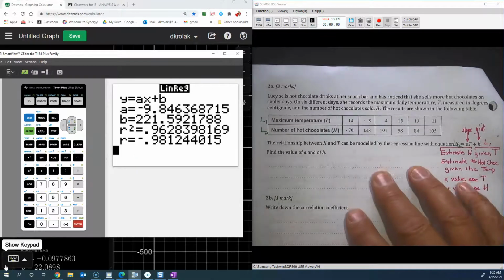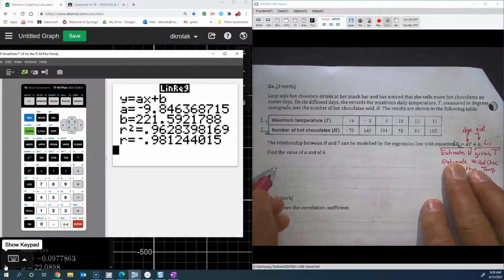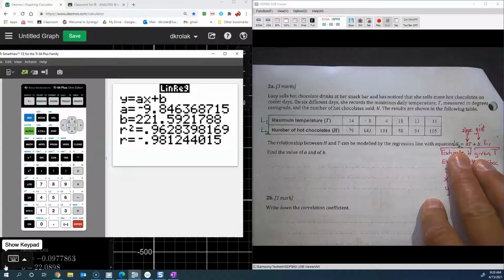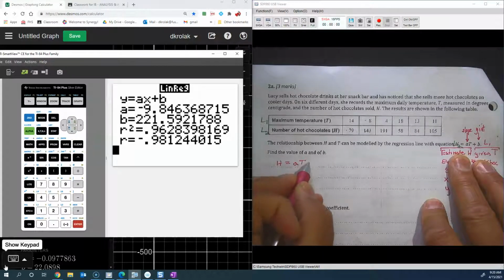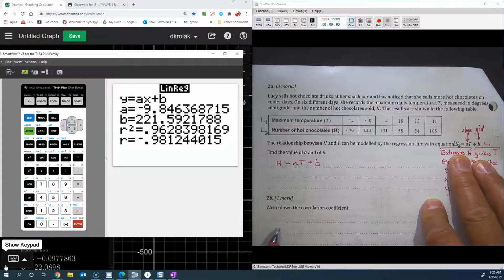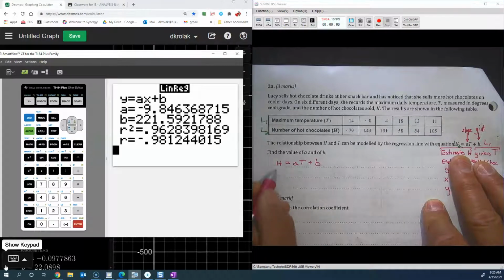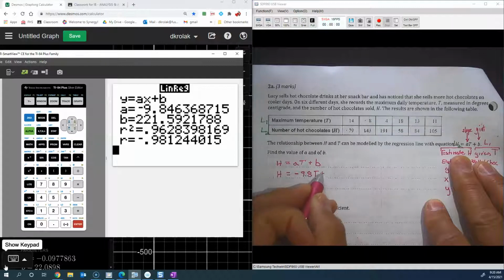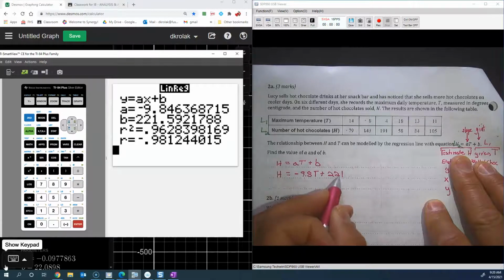So our equation, H equals AT plus B, H equals negative 9.8 T plus 221, that's 221 to 3 sig figs.